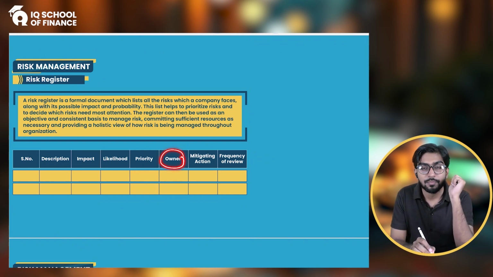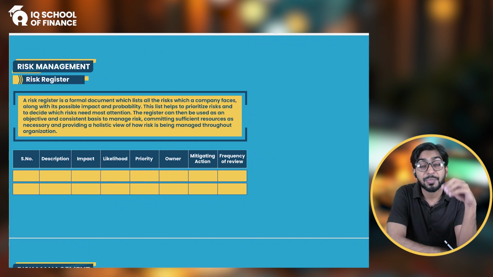And then the owner. Owner means the person responsible for looking after this risk. Who is the top management person, who is the owner, who is accountable for this risk. And you know what? In the board of directors, we have different kinds of directors. We have finance director, marketing director, IT director, HR director, we have operational directors.